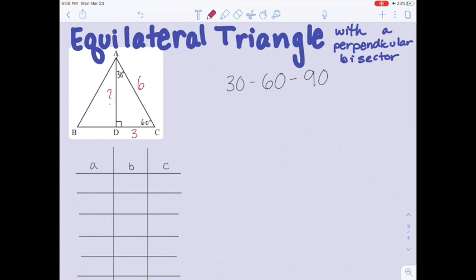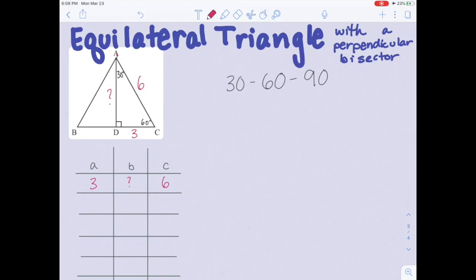Now, is the unknown piece a leg of the triangle, or is that the hypotenuse? Good, it is a leg of the triangle. So our two legs are being represented by 3 and a question mark, and our hypotenuse is being represented by 6.